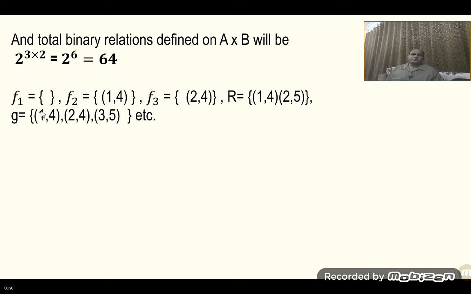Of course the empty set is a subset of every set, so it is a subset of A cross B. Now F2 is equal to {(1,4)}. This belongs to A cross B. F3 is {(2,4)}, which also belongs to A cross B. Say R is equal to {(1,4),(2,5)}, which belongs to A cross B. Say another, G, is equal to {(1,4),(2,5),(3,5)}, which also belongs to A cross B. So these are binary relations defined from A to B, and they are among those 64.